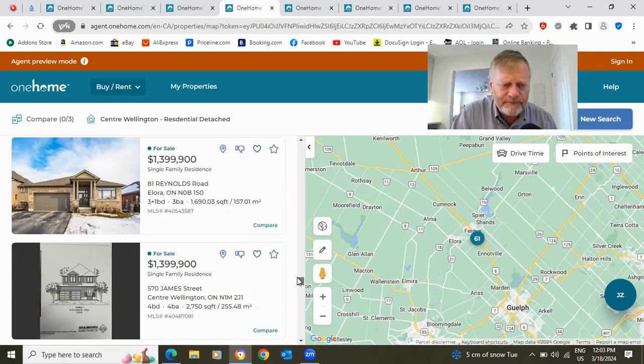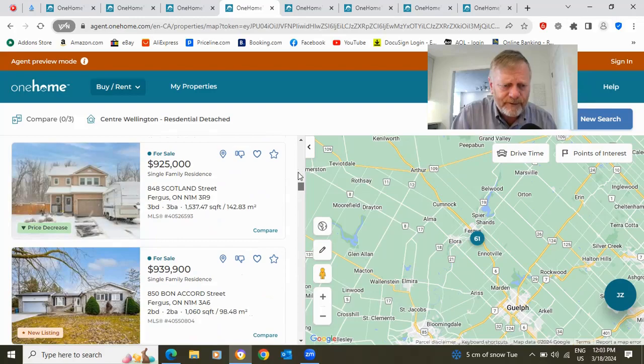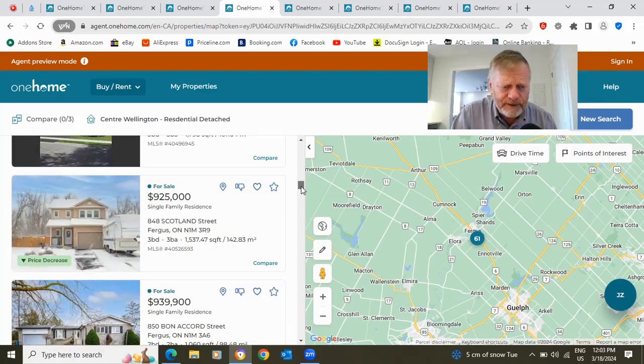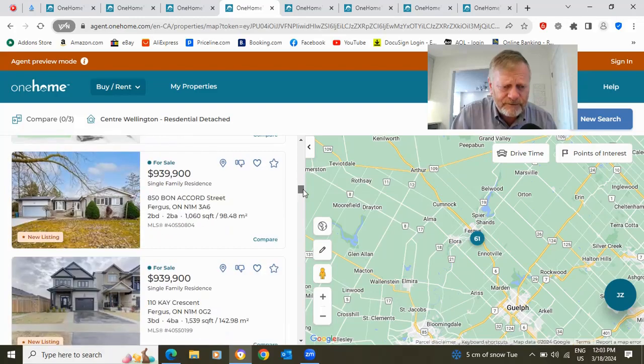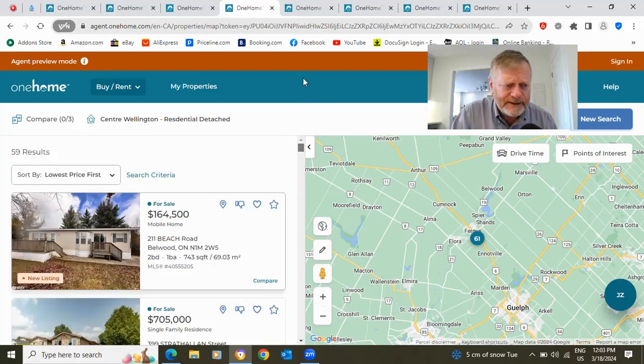And in terms of below a million, yeah, quite a few there as well. And that's 59 results. So that's a lot of listing data for this particular market.